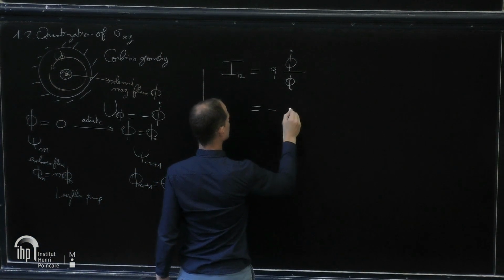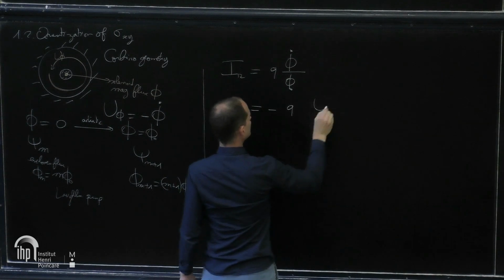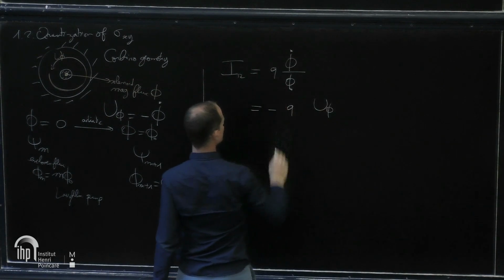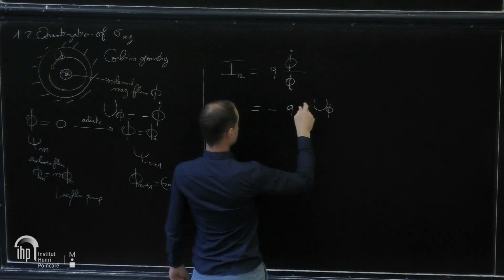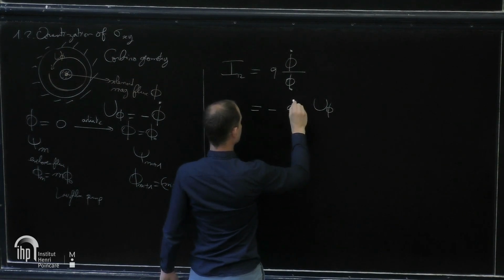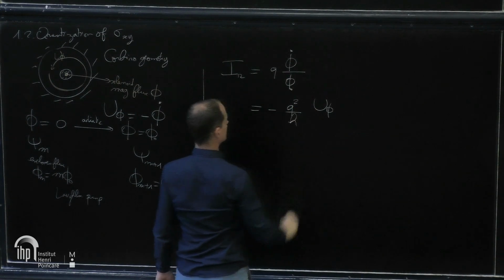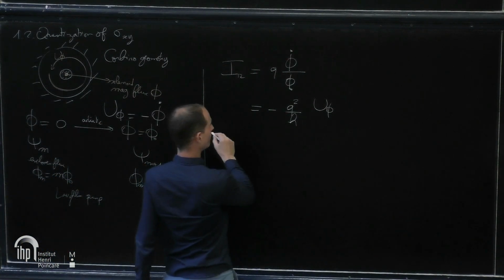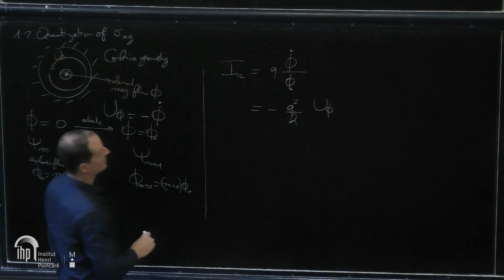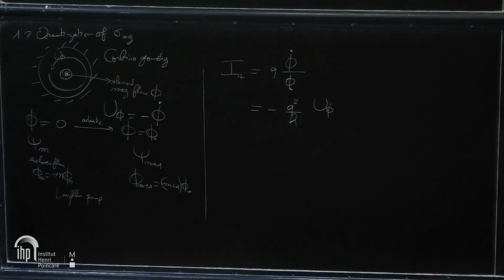So I have minus q U phi over phi 0. I remind that phi 0 is h over q, so I get q squared over h. So I find again the quantization of the Hall conductance. Okay, I think that's it for the Landau levels.